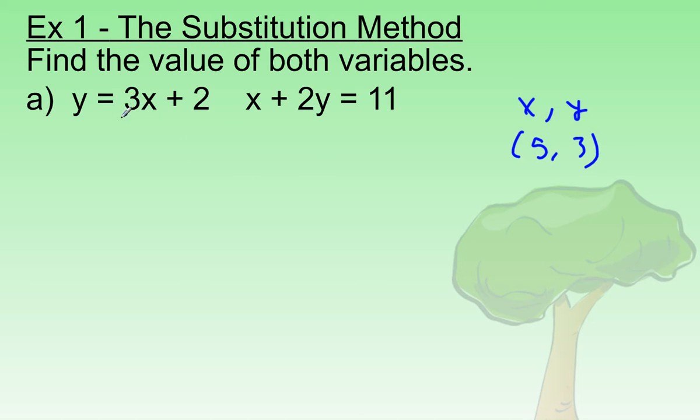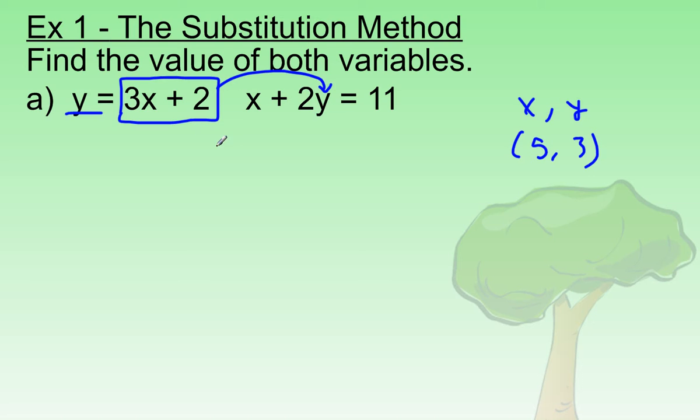And the substitution method says this: if you get one of your equations solved for a variable, like y equals or x equals, we're going to take this and plug that into our other equation.